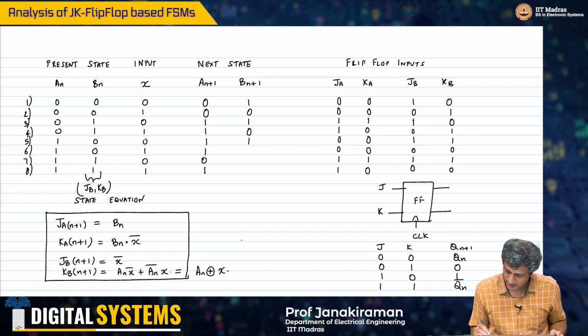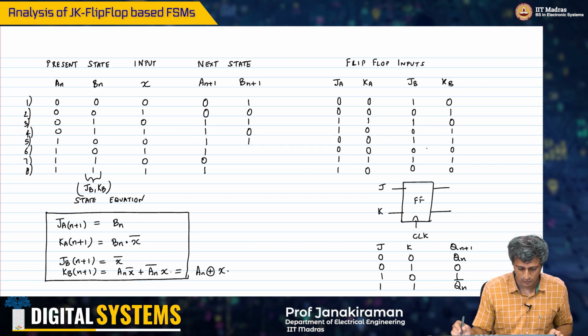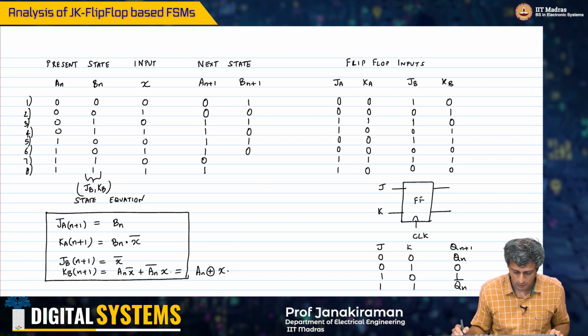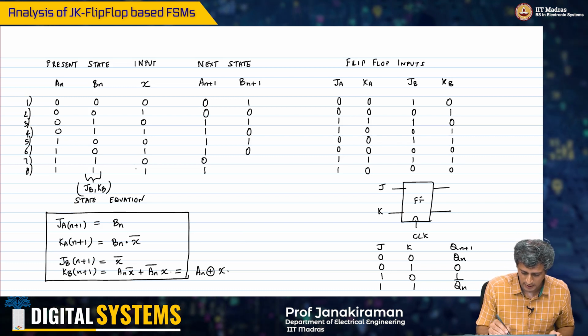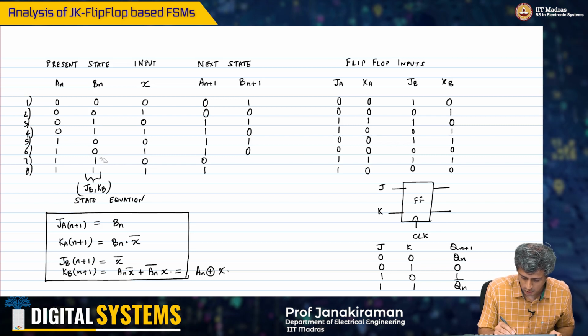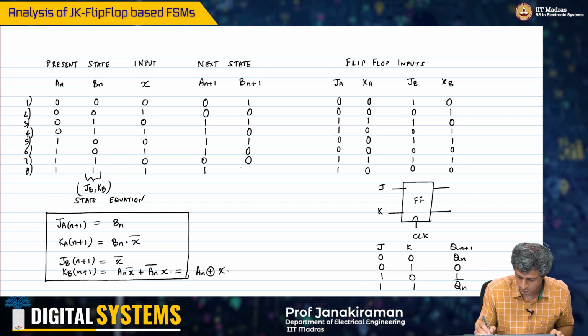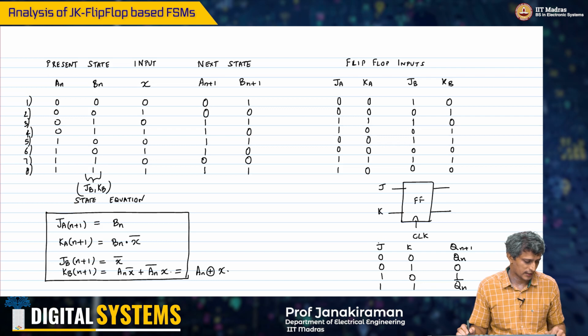Then I come to the 6th entry, it is again 0 0, whatever BN is, I will just retain. Then 1 1 again, 7th entry, I am going to take this state and just complement it to 0. Last one is 0 0, whatever this state is, I am going to just retain it like this.